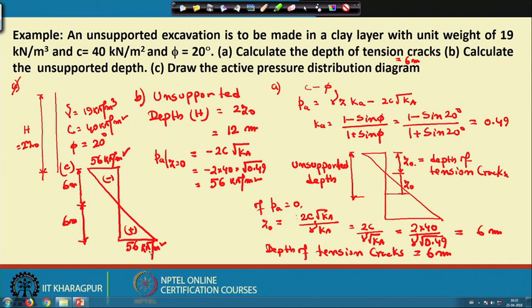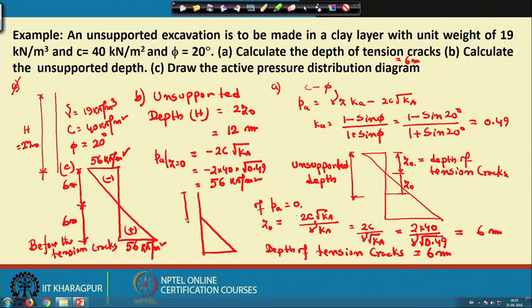This is the diagram, as I mentioned before, where the tension cracks are developed. After the tension crack, we have to draw this diagram from here up to like this for this particular case.